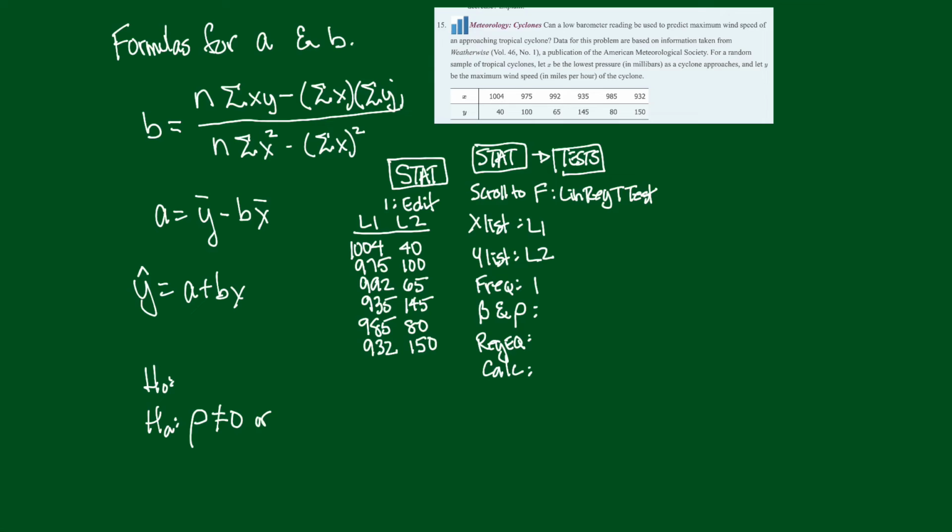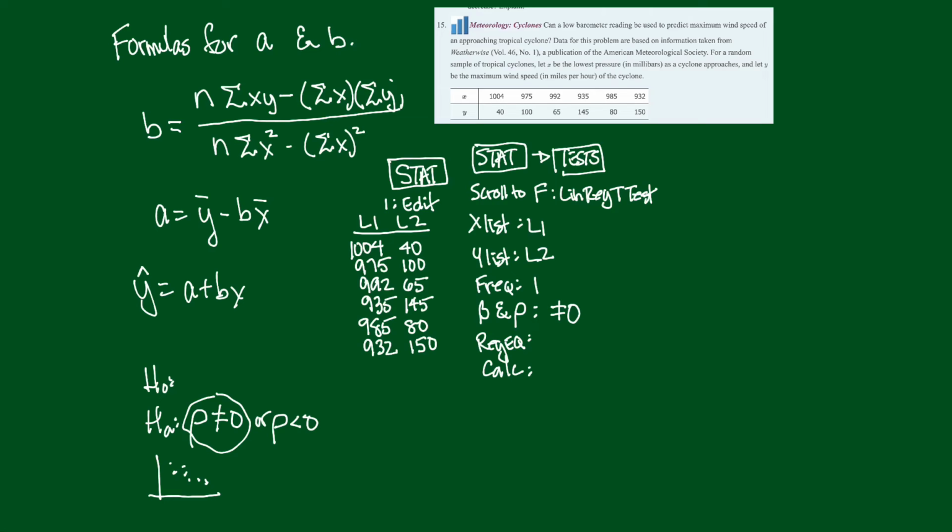Or if you remember, the scatter diagram looked like this, so it looked like we had a negative correlation, or we could say that rho is less than 0. Just so we're all on the same page, why don't we just go with this one right now? That's what we're testing. So let's just say that this is not equal, so we'll say not equal to 0.